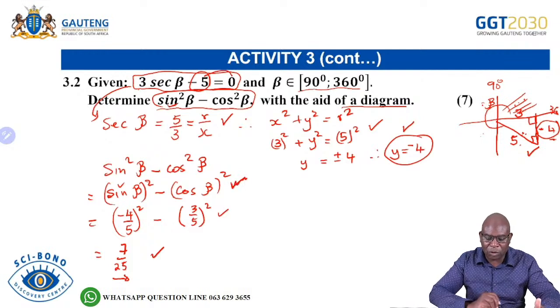I think there's a substitution also there, so you get a mark for the substitutions. So you can see we've got quite a number of marks there. The 7 marks was not very difficult. These questions are there year in, year out. Check your past papers and then try to do these questions because they come each and every year.